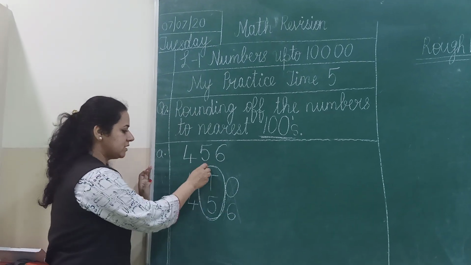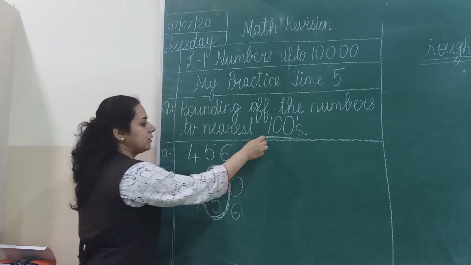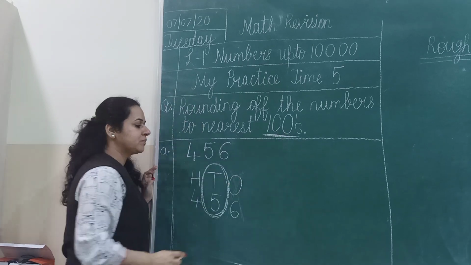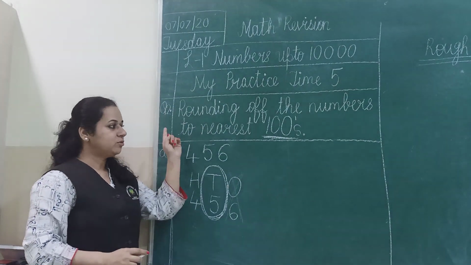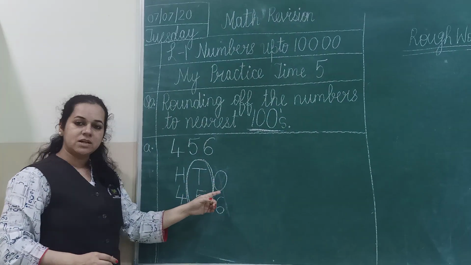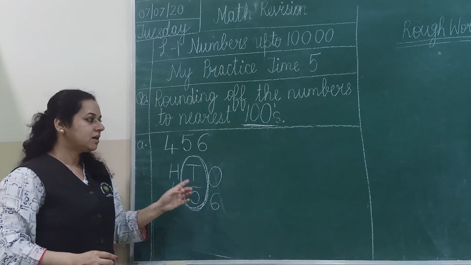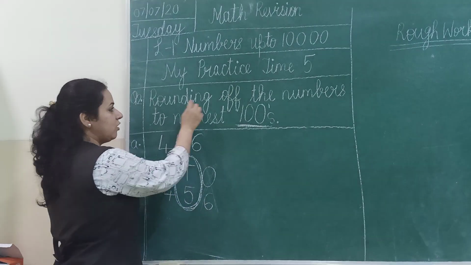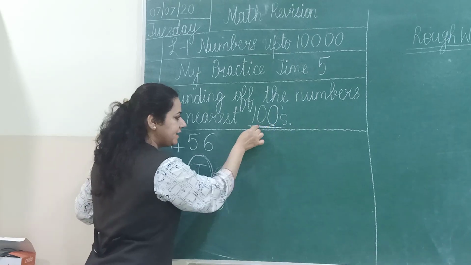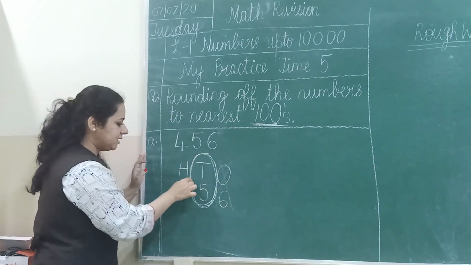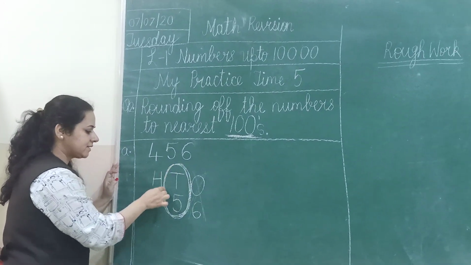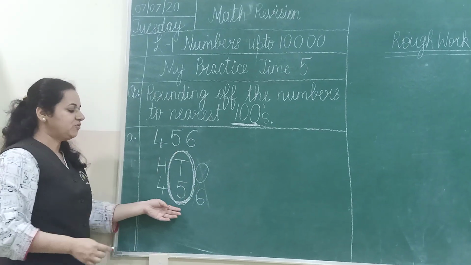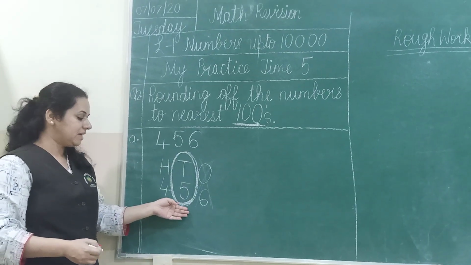In rounding off to tens, we saw the numbers on ones place, but for rounding of the numbers to nearest hundreds, we always see the number on the tens place.